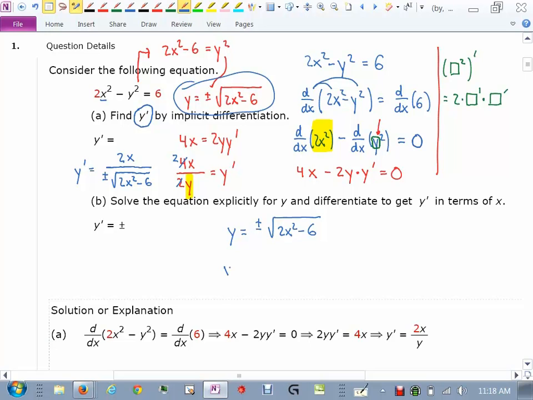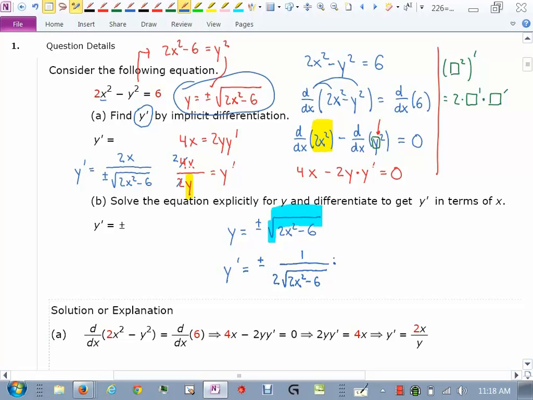Now differentiate. So the derivative of this is plus or minus. Okay, now for the derivative of the square root of something, we have the chain rule here. The derivative of the square root of something is 1 over 2 times the square root of that something.